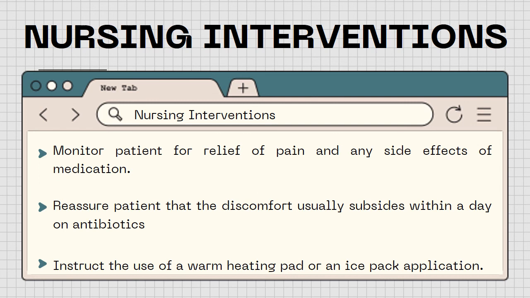Next, it's important to monitor the patient for relief of pain and any side effects of medication. Reassure the patient that the discomfort usually subsides within a day on antibiotics, but re-instruct the importance of compliance with the whole prescription. Lastly, instruct the use of a warm heating pad or an ice pack application.